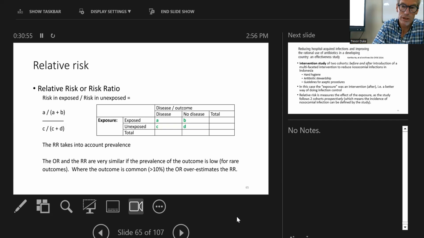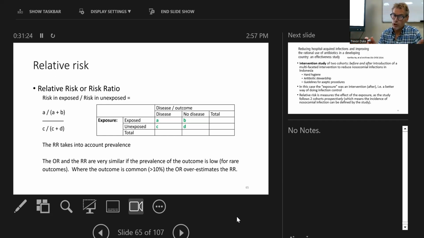I want to just give an example of a cohort study that's a little bit different. It was a before and after cohort where the researchers looked at an infection control intervention halfway through, right? And so it was looking at a population in a hospital ward in Indonesia before an infection control intervention, and then a population afterwards.